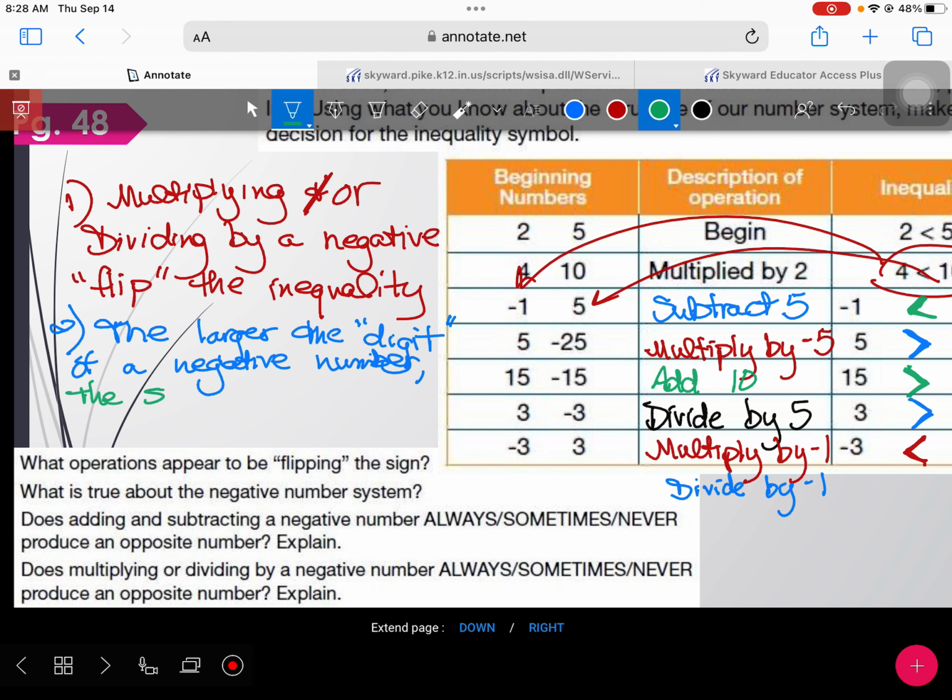The smaller it actually is. Do you understand what I'm saying? So again, if we're talking about a positive 8 and a positive 6, obviously 8 is larger. But if we talk about the digit 8 and we say negative 8 and negative 6, negative 8 is actually smaller.